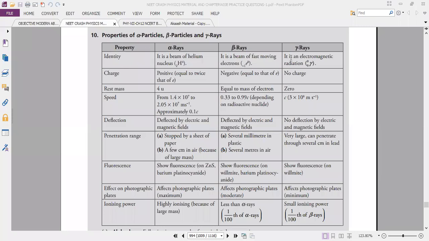So alpha, beta, gamma. First one, identification of alpha. Alpha means it is equal to helium. The atomic number of helium is 2, mass number 4. How to measure the atomic number and mass number? What is atomic number? What is mass number?